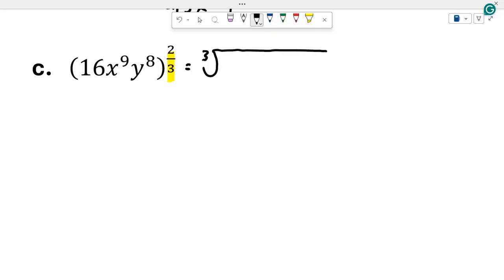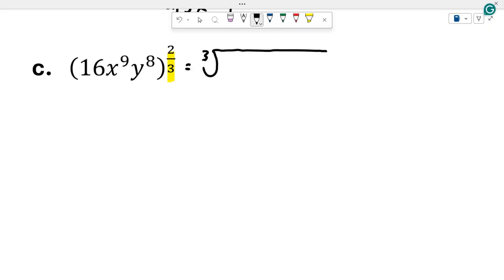but notice that unlike parts A and B, for C, my numerator is not 1. My numerator is now 2. So that 2 is going to distribute to all 3 of my factors. It's going to distribute to the 16, to the x to the 9th, and to the y to the 8th. You're more than welcome to use your calculator.